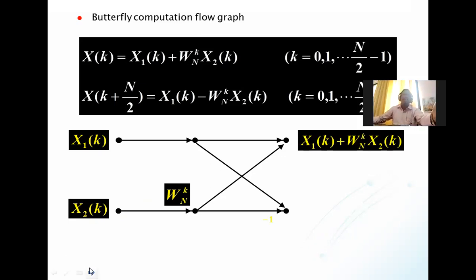What was our input here? The first input, I have taken it as a, and here I took b, and this is a multiplier.